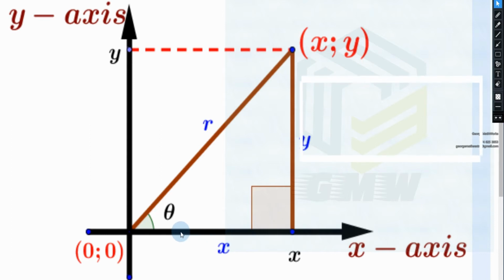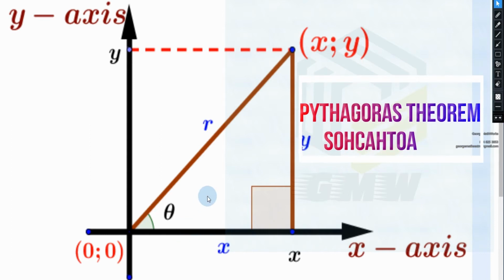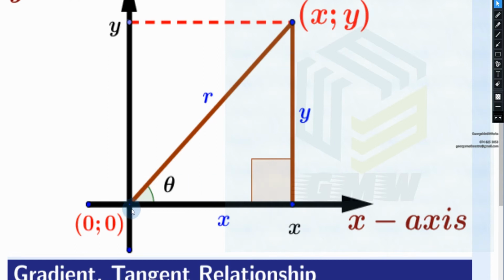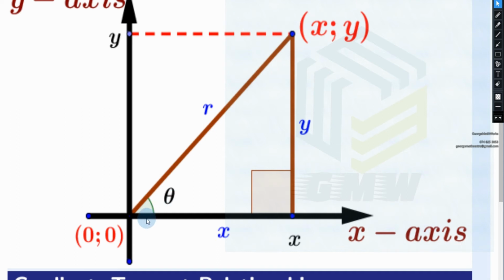That is the Pythagoras theorem and some would say SOHCAHTOA, the relationship between the angles and the sides of a right angle triangle. Now I'm going to use this to explain something splendid that we are going to be using in this lesson. Now, if you see a right angle triangle, we just calculated gradient. We said gradient is the change in y over the change in x.